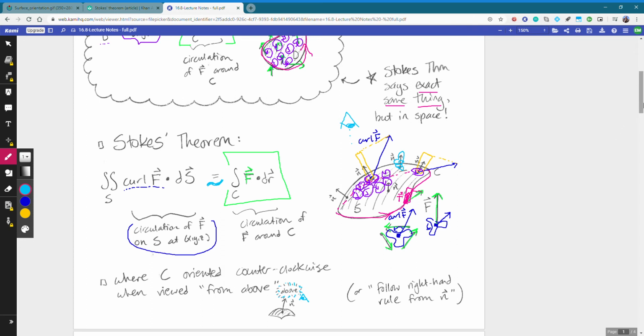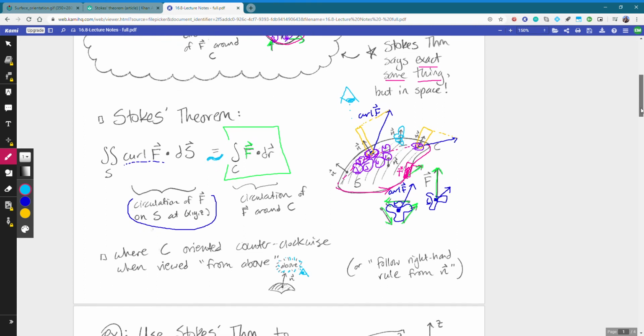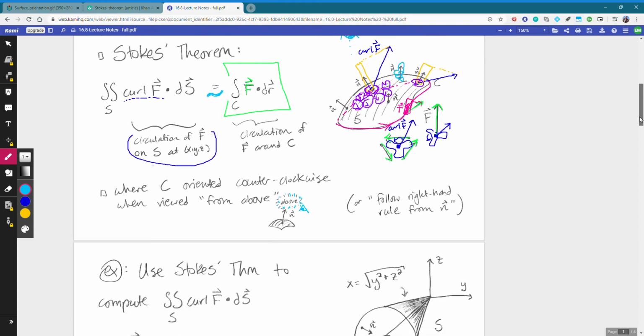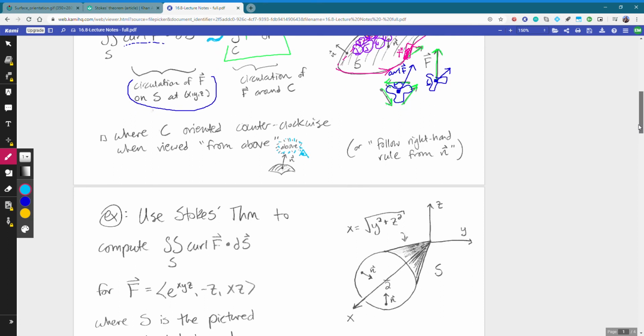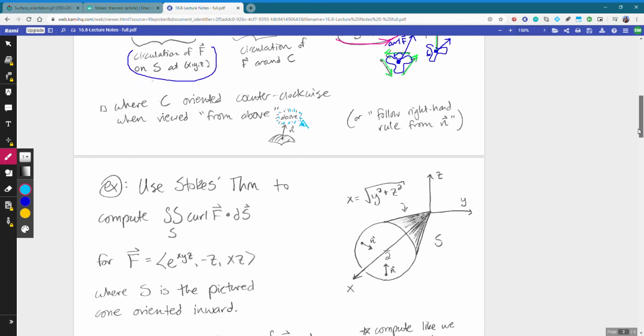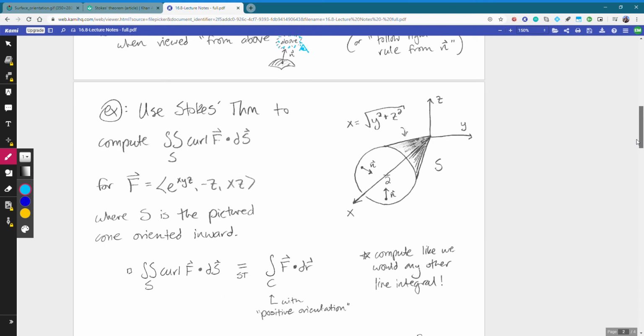All right, and so with that, let's put it to work. All right, so let's use Stokes' theorem to compute the surface integral for a curl field for this particular vector field, where our surface S is this ice cream cone poking out along the x-axis.